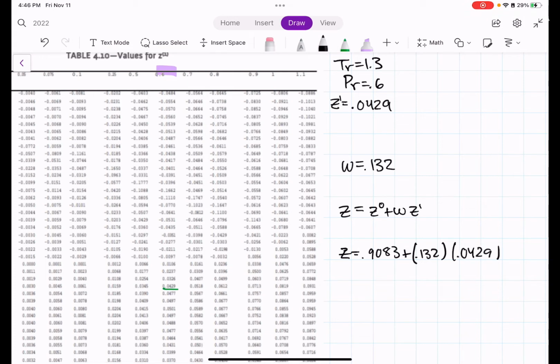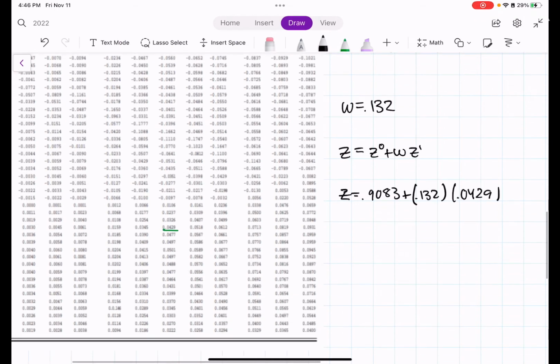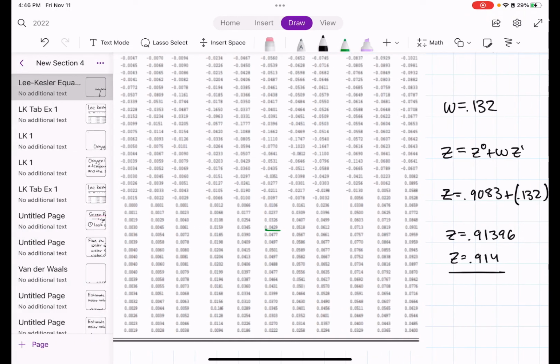After plugging those numbers into your calculator, you're supposed to get 0.91396, depending on how much your professor wants you to round. And that's how you solve for the compressibility factor. So let's go ahead and do an example.